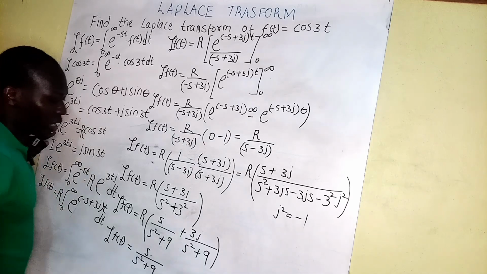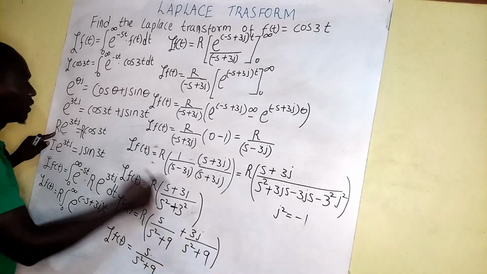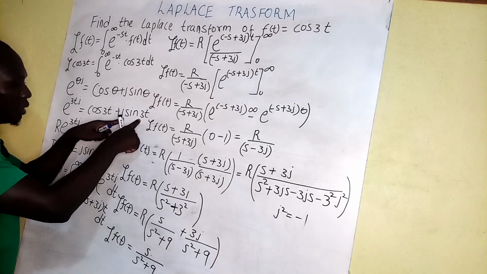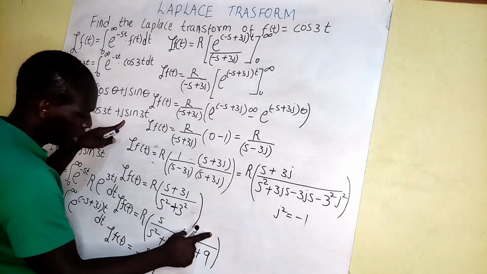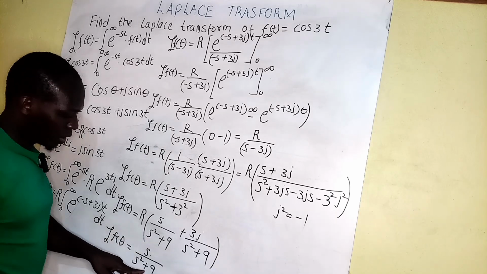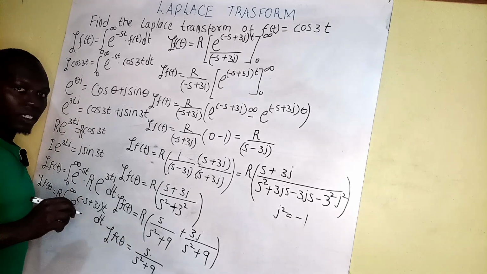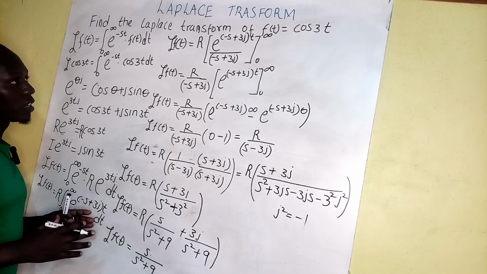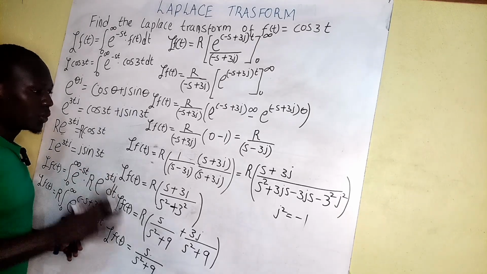The reason why we are cancelling this side is because of the j. The j was located on the imaginary side. So we cancel this side and have s all over s squared plus 9 as our answer. And this is how you go about finding the Laplace transform of cos 3t using the first principle.